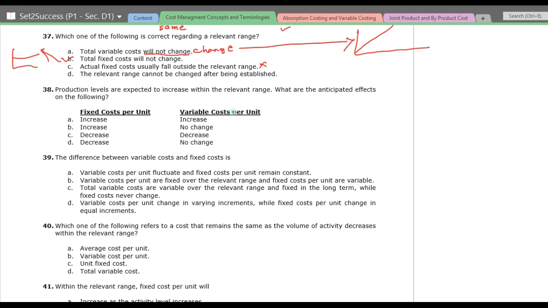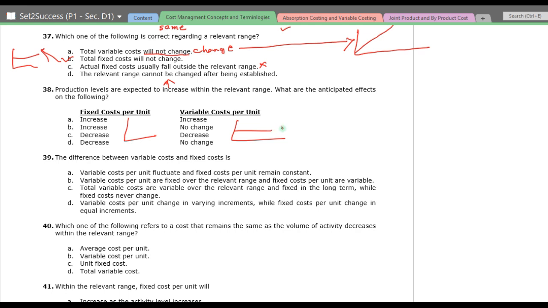So when the production levels are expected to increase, the variable cost per unit will remain the same and there will be no change.